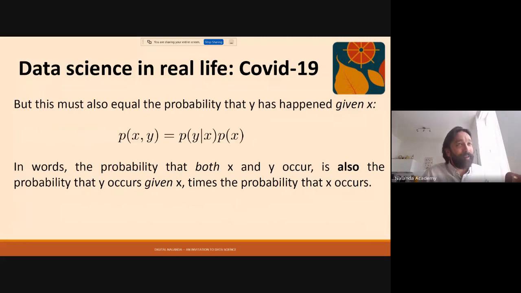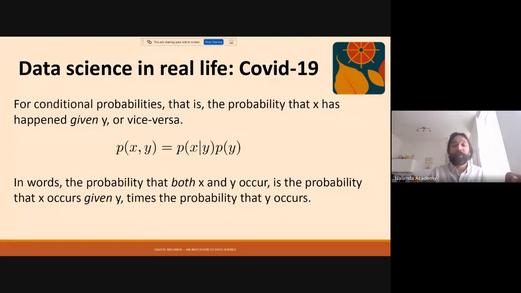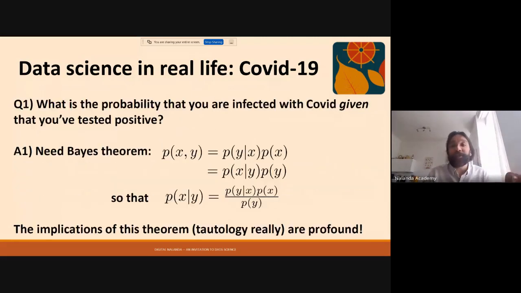But the statement is that if two things happen, both X and Y, then it must be the probability that X has happened given that Y is a certainty, times the probability that Y has happened, or vice versa. Please say it out loud to yourself again and again, because there's almost no mathematics in here.